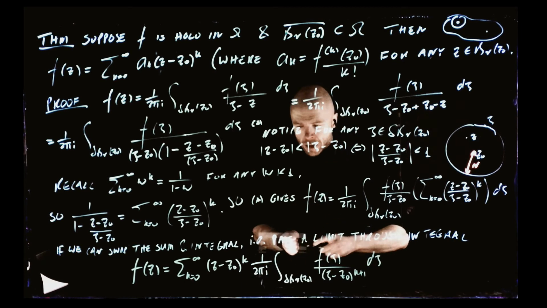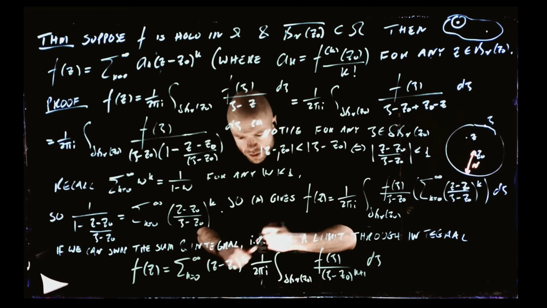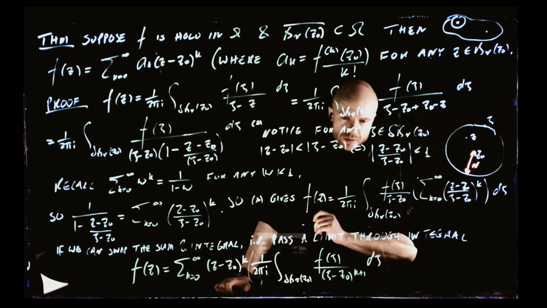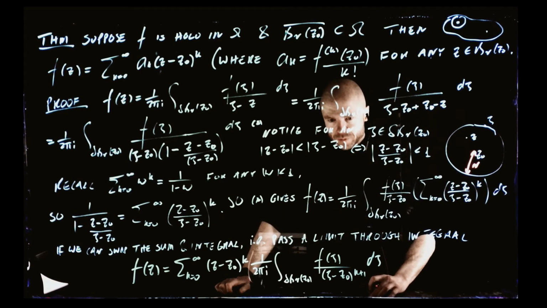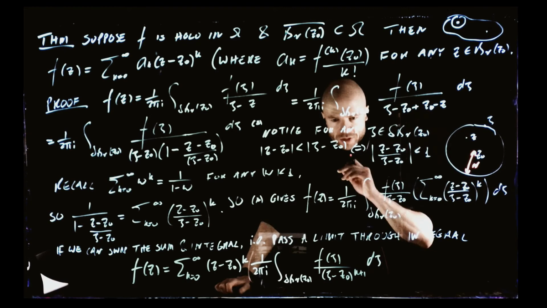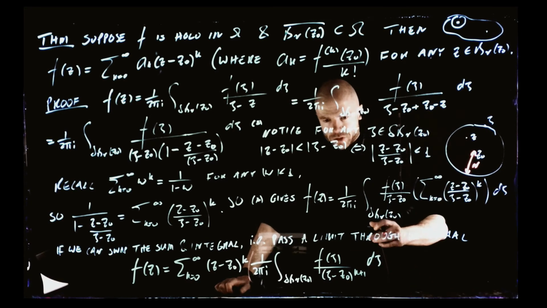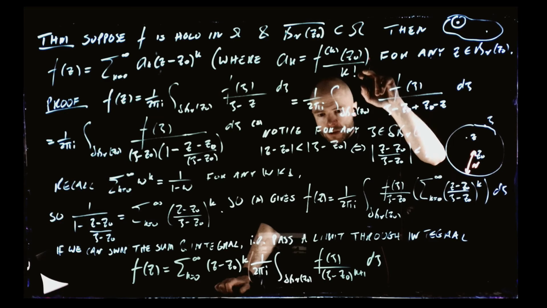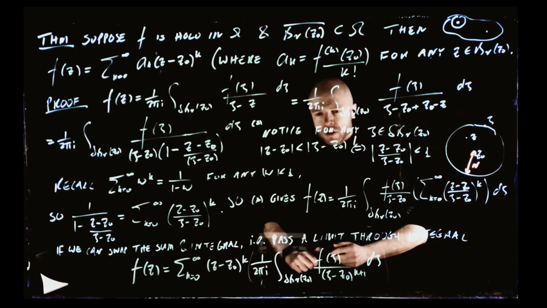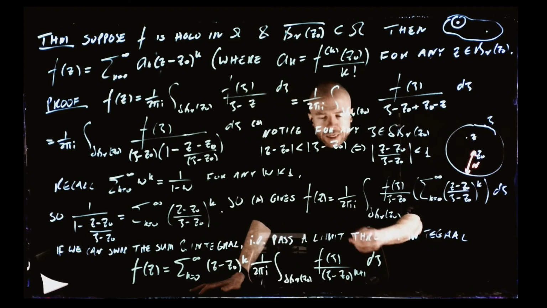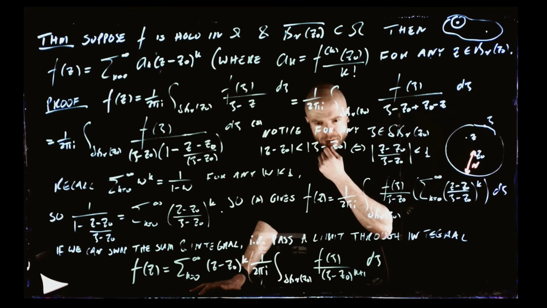Cool. Now, this is now our coefficients. If we're allowed to do this step, we now have a power series with these coefficients. But they're not the coefficients I claimed, or are they? I claimed the coefficients were this, and now I have this. So has something gone wrong, or are these actually the same? Exactly.